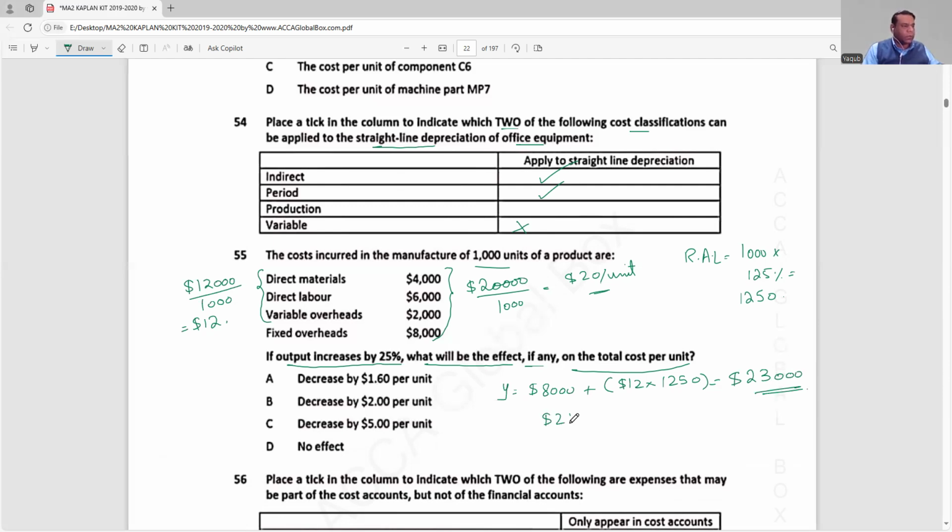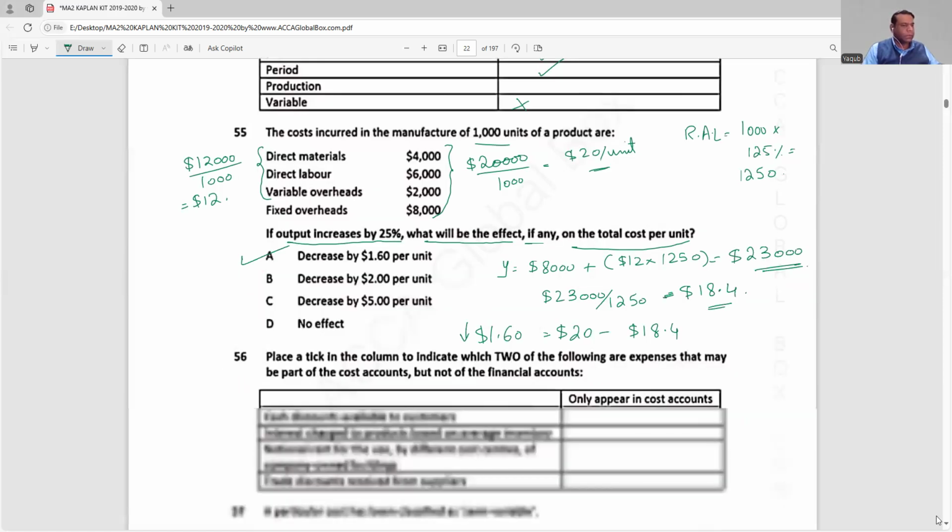Now 23,000 is divided by 1250, which is 18.4. So the reduction in cost from 20 to 18.4, that is 1.60, is the right answer.